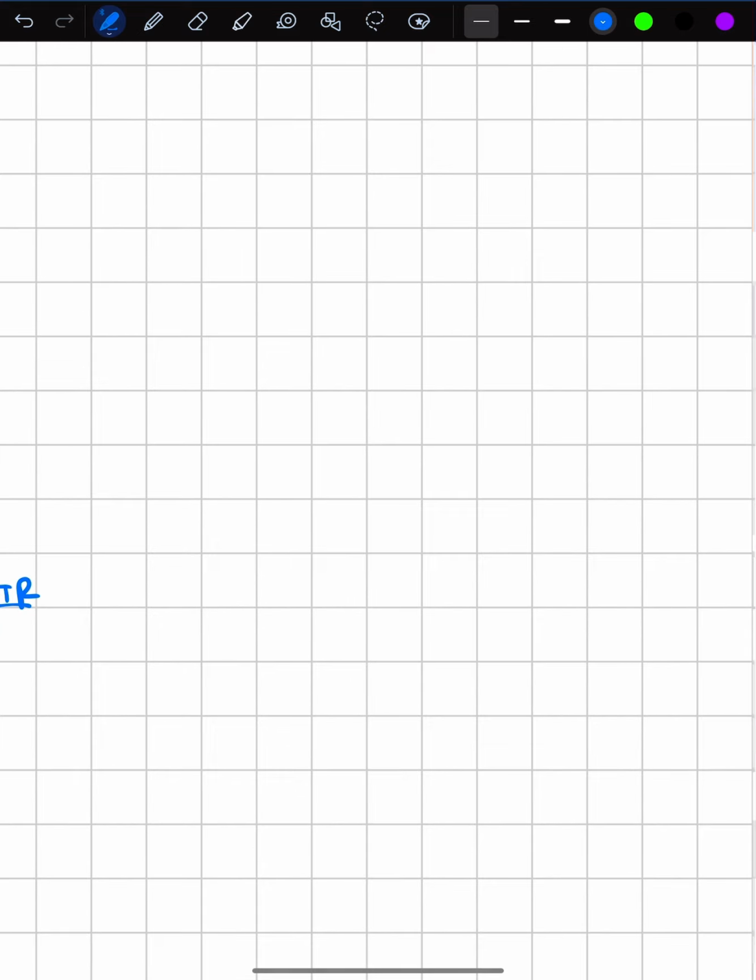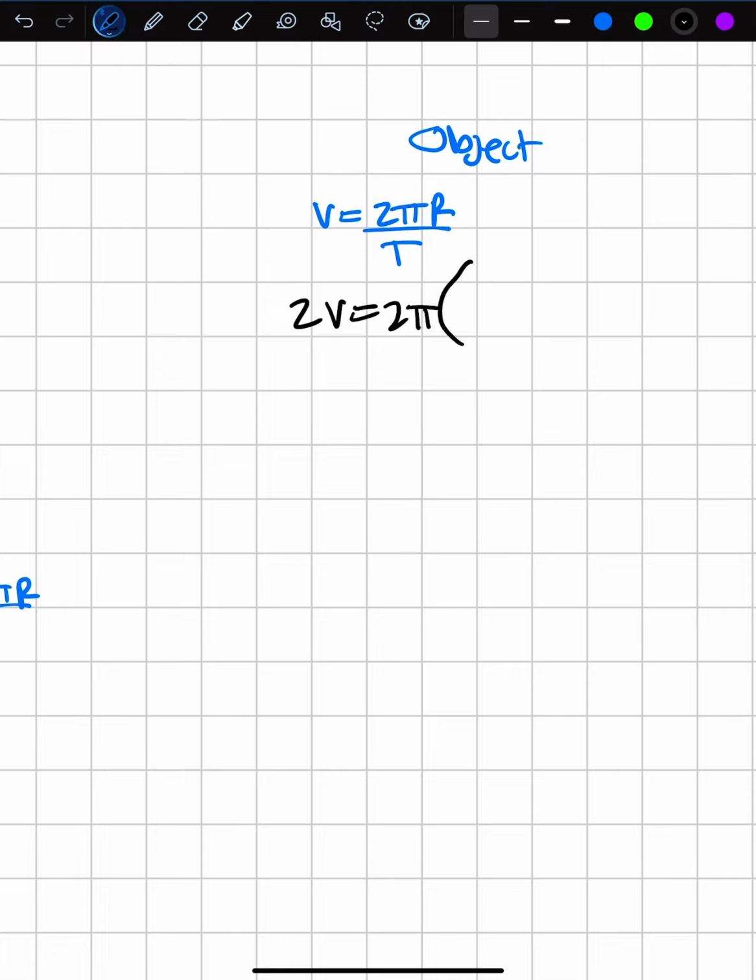Now let's do that for object B. For object B, we have different values, so let's plug that into our formula. The radius is going to be r over 2 in this case.